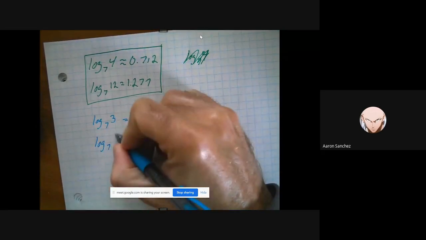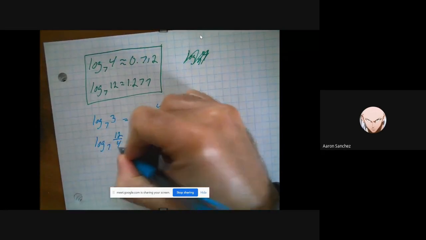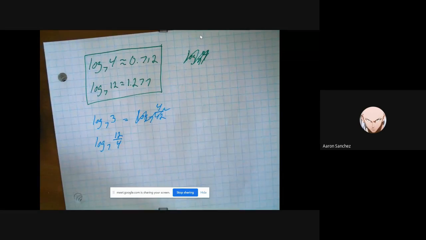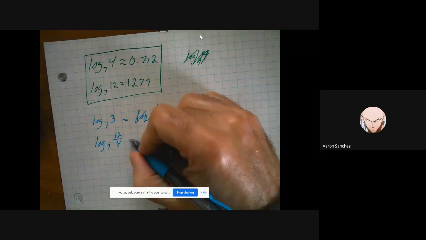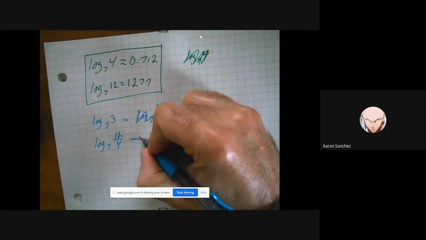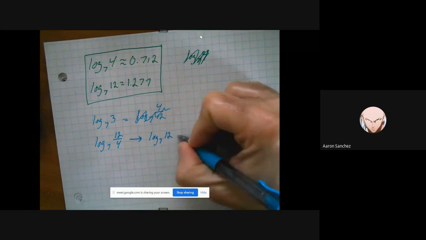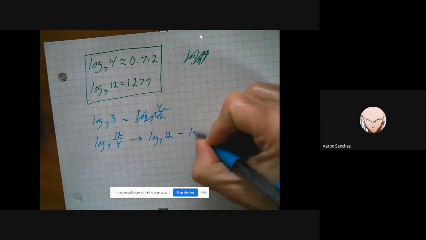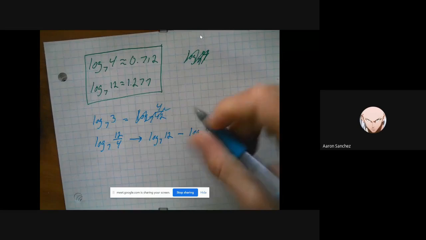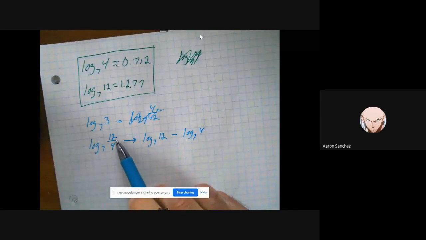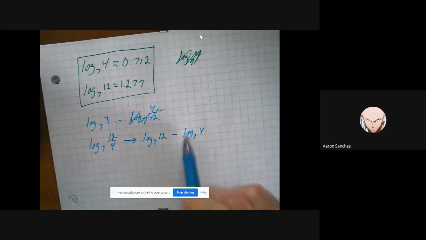Log base 7 of 12 divided by 4 is equal to 3, correct? So then I can write that, using the quotient rule, as log base 7 of 12 minus log base 7 of 4. The quotient rule says that if I'm dividing, I can make it a subtraction problem.